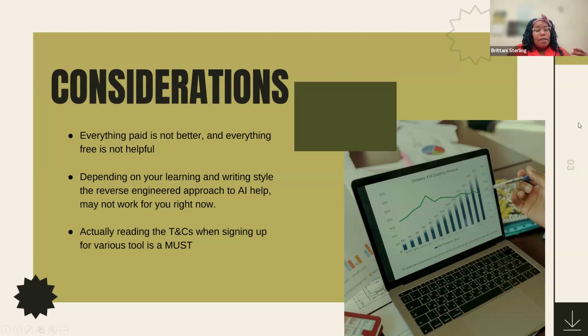As you can see in the second bullet point, depending on your learning and writing style, I'm calling it the reverse engineered approach to AI. It might be as much work for you as just going about the normal way, air quotes, of writing up things. I will say for some of these, and that's why I want to demonstrate their differences for you, they will suggest articles that you can look up, or they'll ask you for a prompt like, what are you working on today?